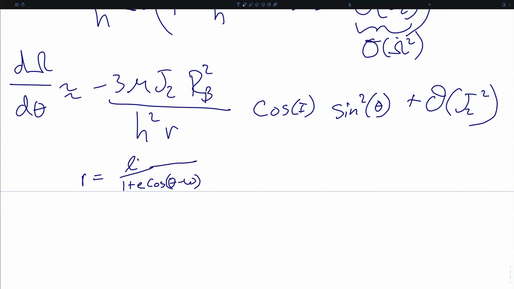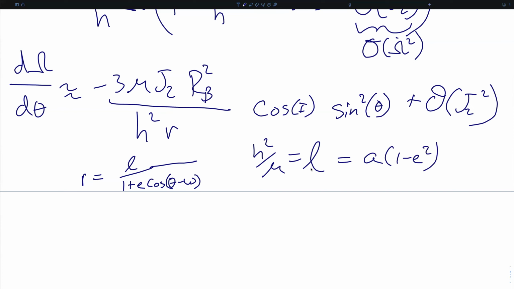r is equal to the semi-parameter of the orbit divided by 1 plus e times the cosine of the true anomaly, which we can write as the difference between the argument of latitude and the argument of periapsis. We always have h squared over mu is equal to the semi-parameter, which for closed orbits is also the semi-major axis times 1 minus e squared.